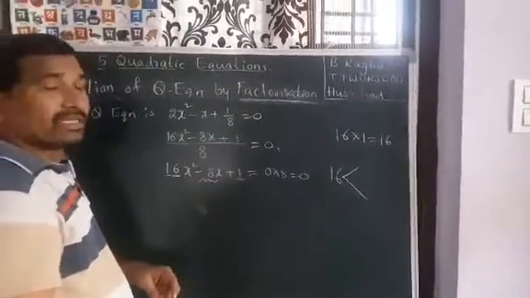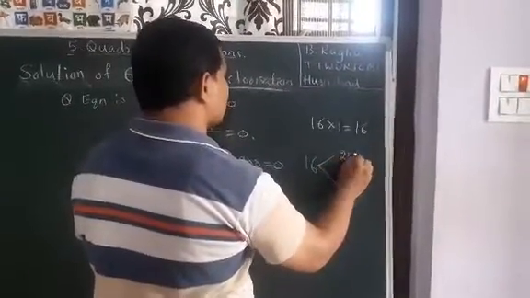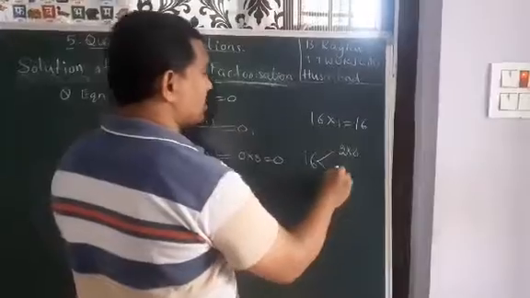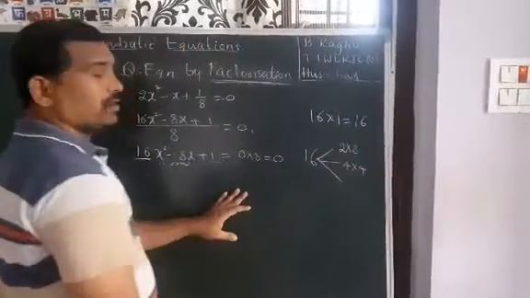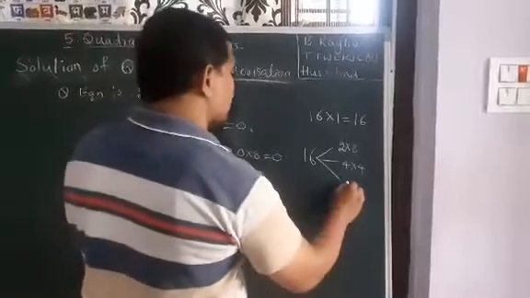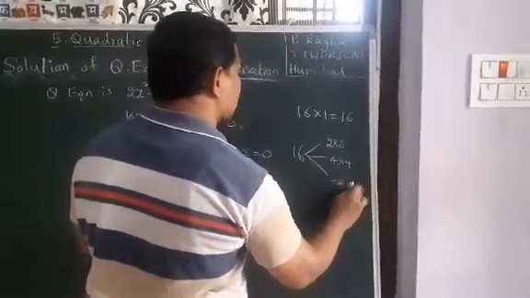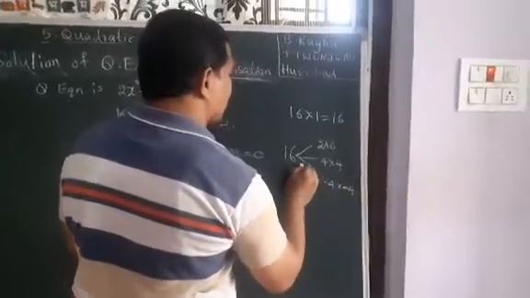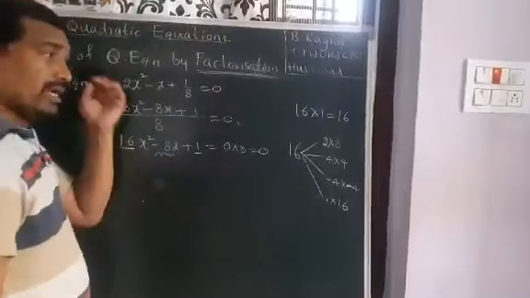What are the factors of 16? 2 8s are 16. 4 4s are 16. Minus 4 into minus 4 is also 16. And 1 into 16. Is there any other factors?